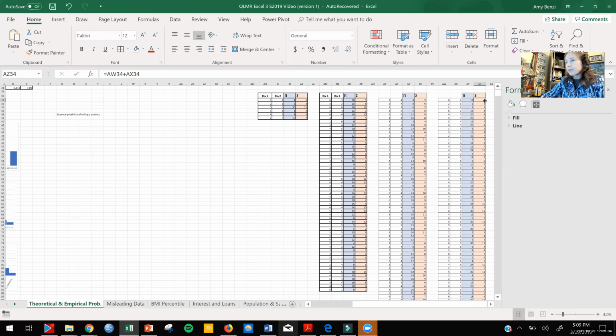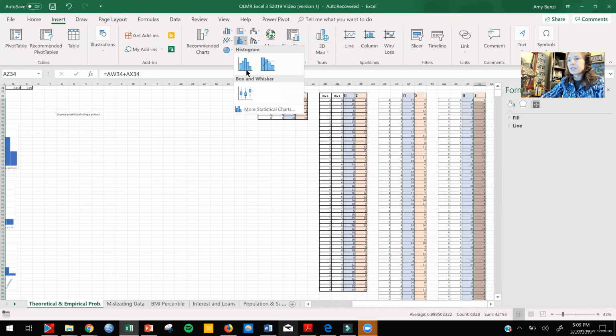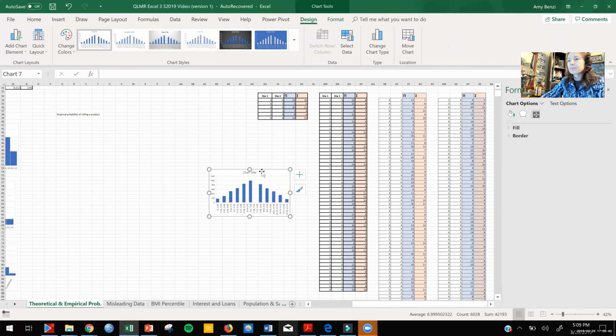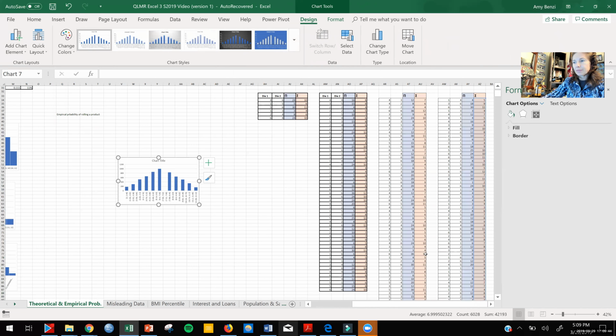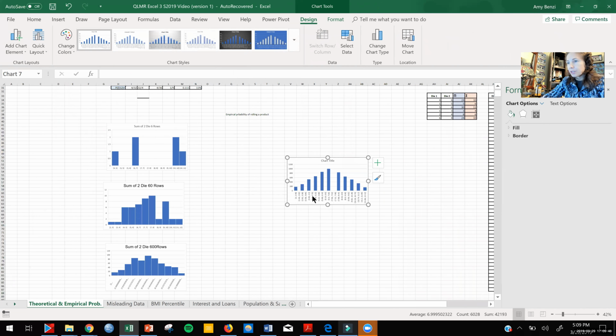So we'll click that all the way down and insert a histogram. Double click your axis down there and change your axis option. This one has 22. That's why it looks so weird. Change that to 11.